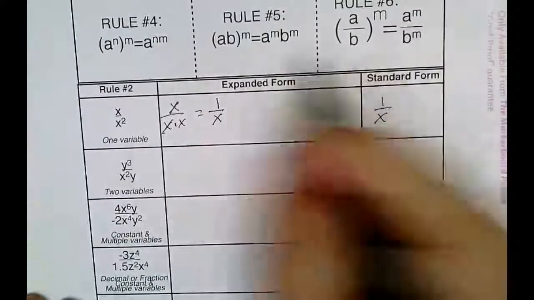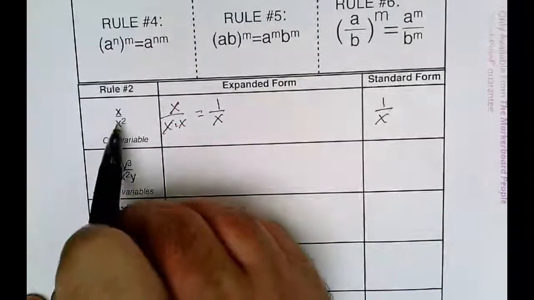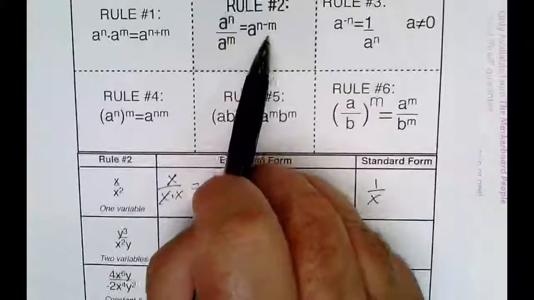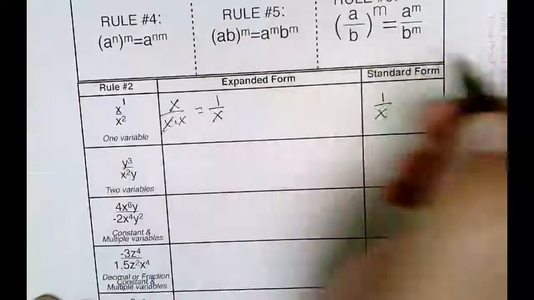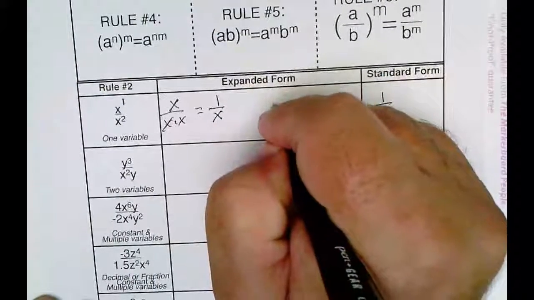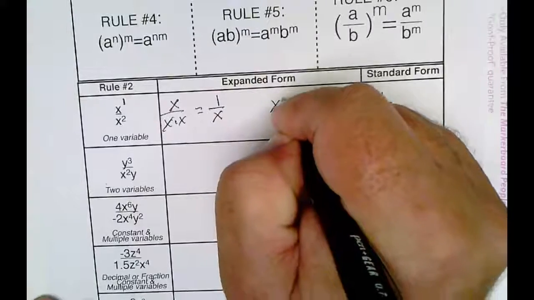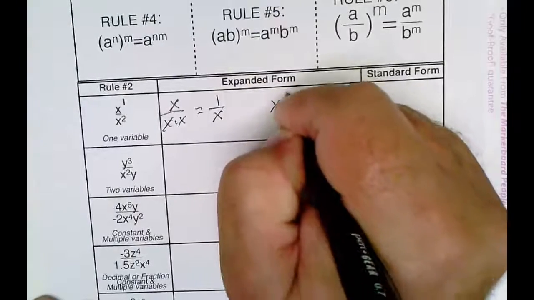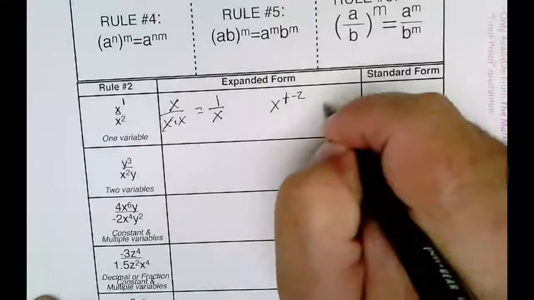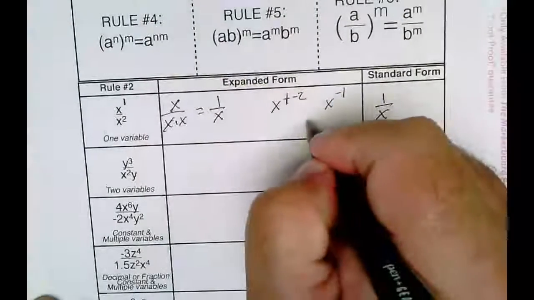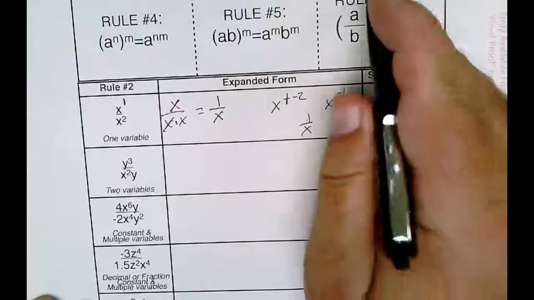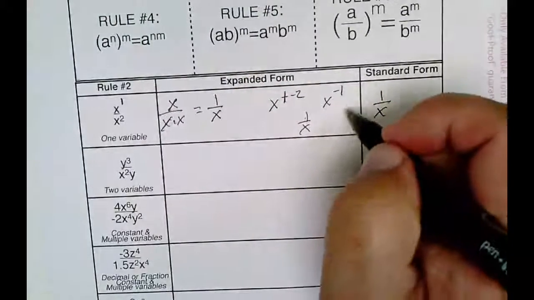Now, the other thing that we just said is we're going to subtract the exponents. Remember, there's always a 1 here, so I could just do x to the 1 minus 2, which would give me x to the negative 1, which we will get into tomorrow, which converts to 1 over x, based upon the negative rules.